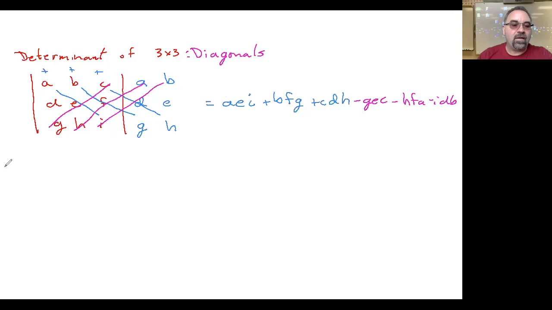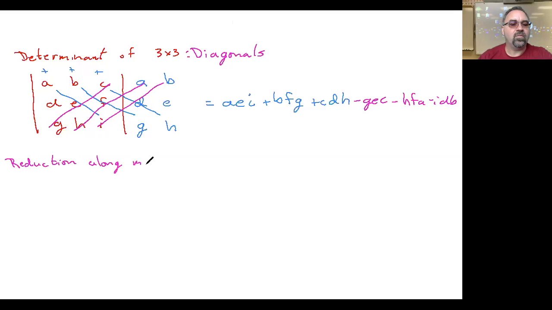There's another method called reduction along the minors.